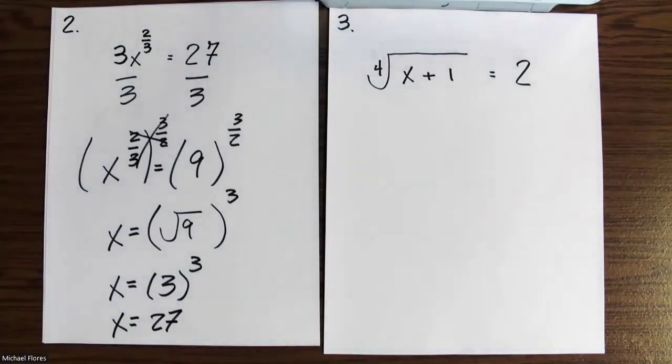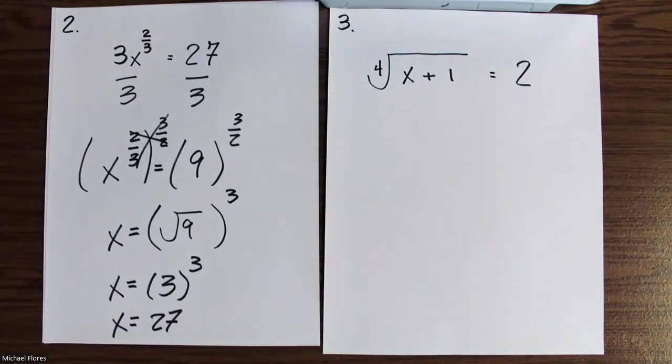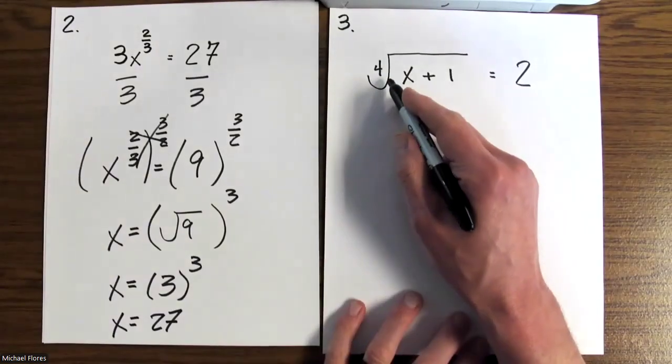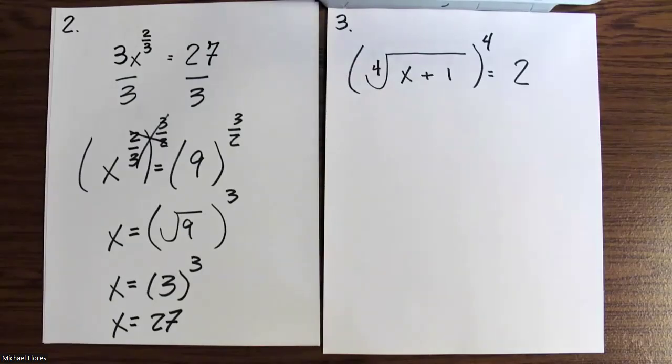Looking at example 3. Here we have the 4th root of x plus 1 is equal to 2. In order to eliminate, well, let's back it up a little bit. You've actually learned how to get rid of a square root in your mathematical careers. The way you get rid of a square root is you square it, because those are inverses of one another. So in order to get rid of a 4th root, we're going to raise everything to the 4th power.